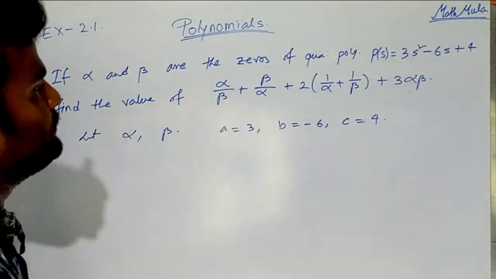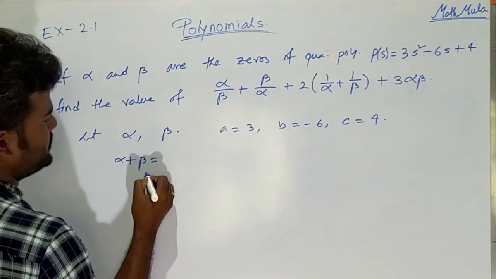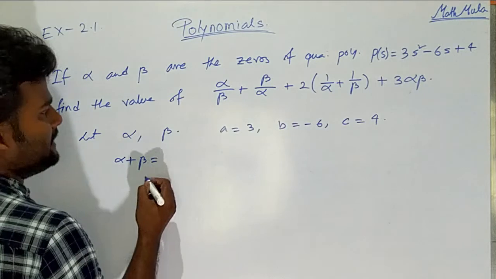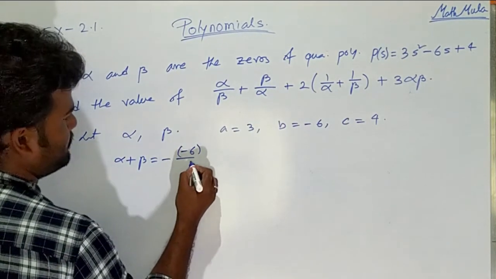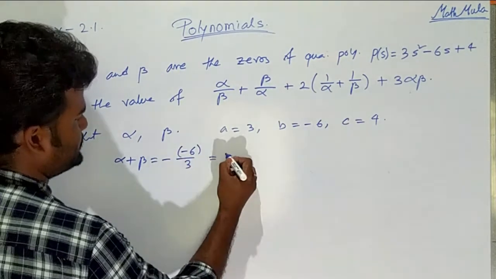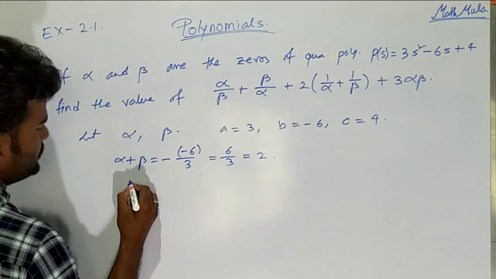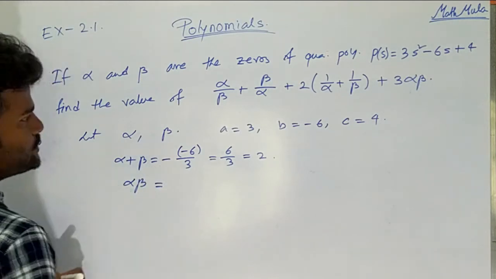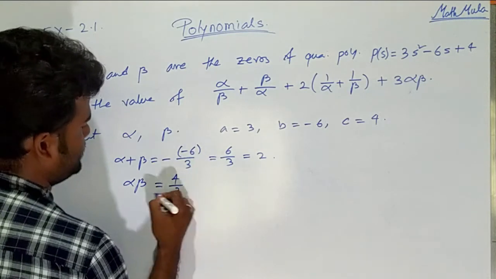Now by the relation of zeros and coefficients, we get alpha plus beta is equal to minus b by a, that is minus of minus 6 by 3, then minus minus plus 6 by 3, that is 2. Again the product of zeros, alpha beta is equal to c by a, that is 4 by 3.